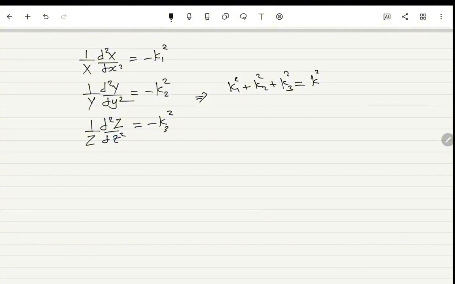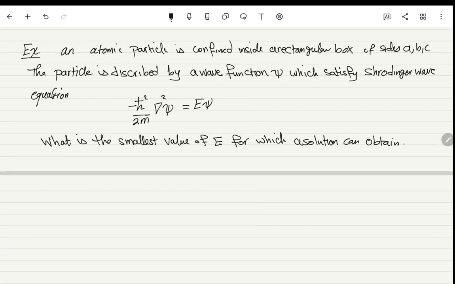As an application for this separation of variable in Cartesian coordinates, let's have this example. Now, in this example, an atomic particle is confined inside a rectangular box of sides A, B, and C. The particle is described by wave function psi, which satisfies the Schrödinger equation, this one right here.